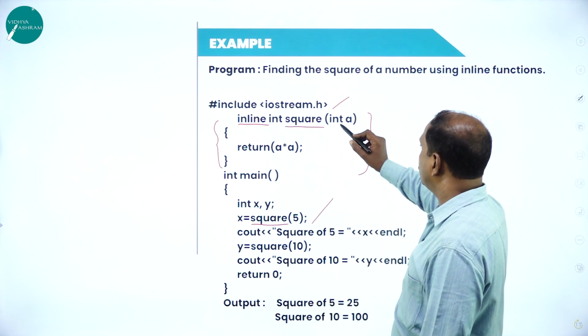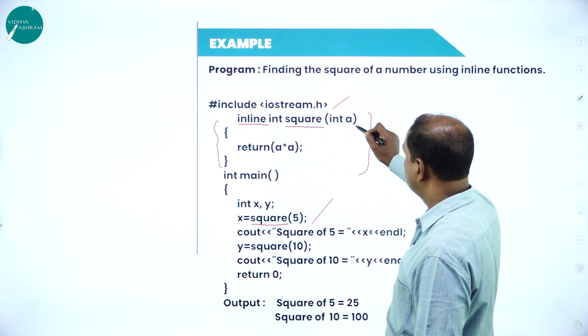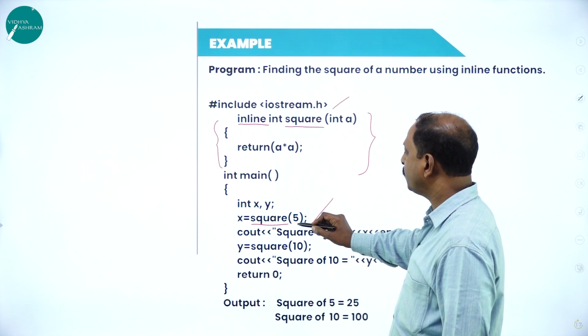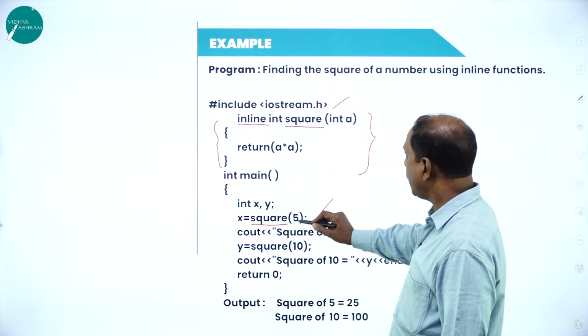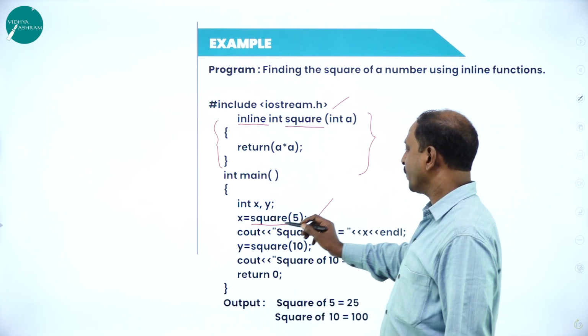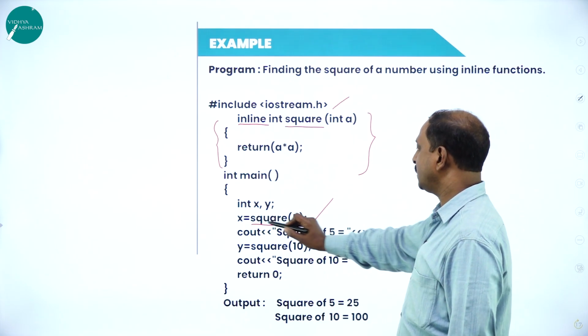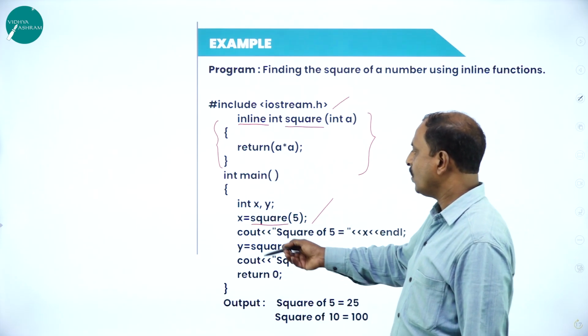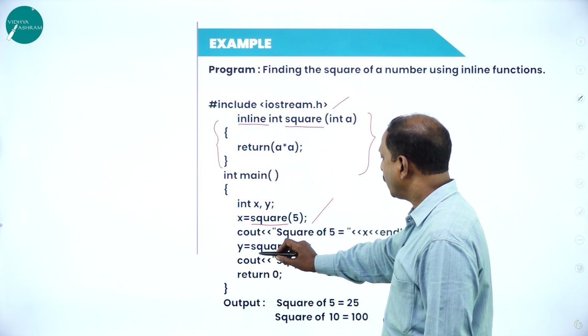And here, this inline function has only one parameter, that's int a, and here we are supposed to assign only one value, that is a of data type int or integer. After this we have to print the square of a number is x. So this is x here. And similarly one more value, variable y equals square of 10.